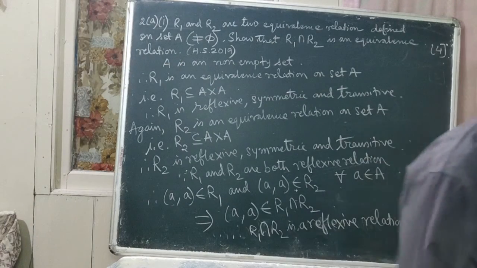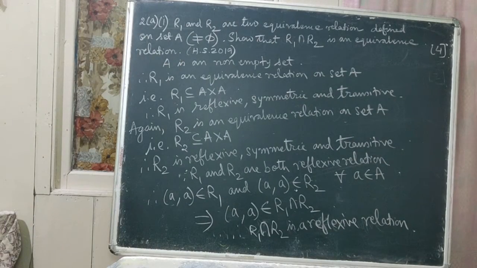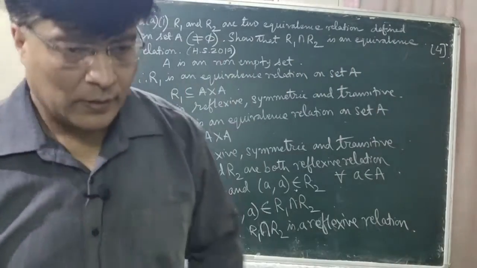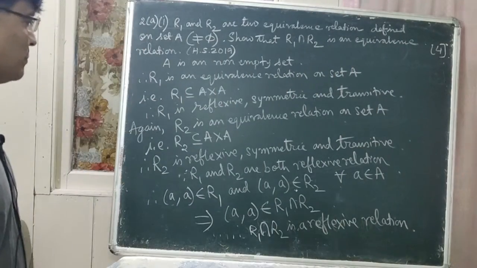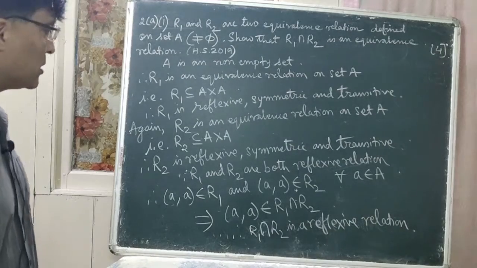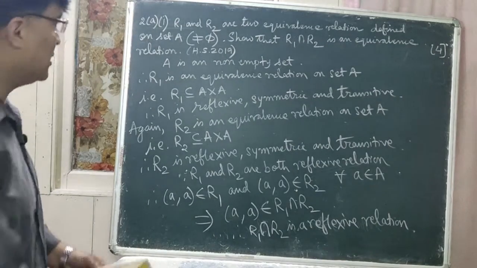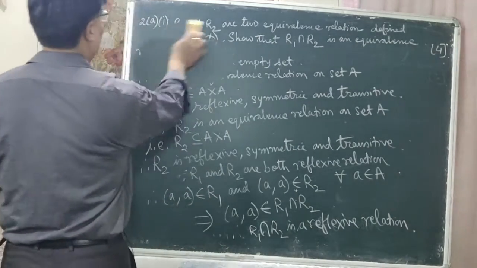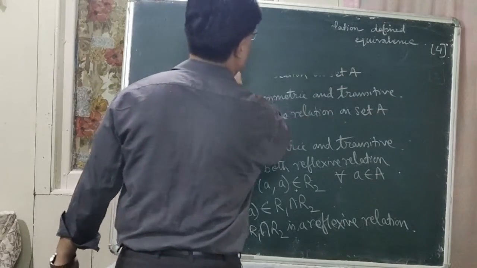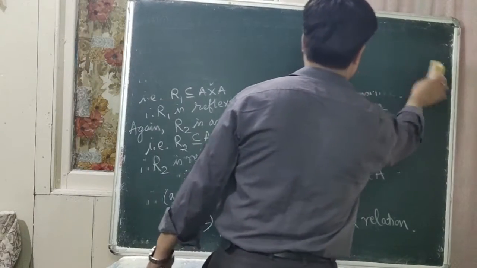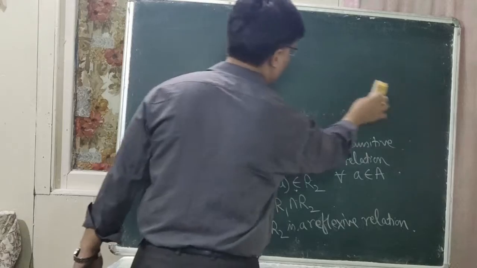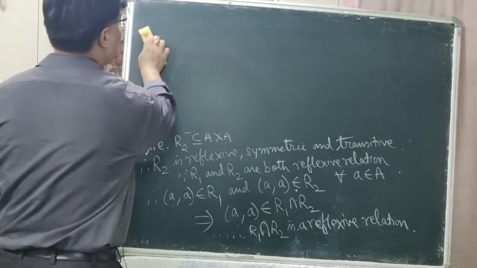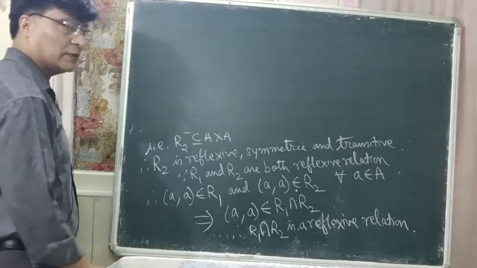Okay, you can copy it. So we have proved that R1 intersection R2 is a reflexive relation. Now we will prove that R1 intersection R2 is a symmetric relation. Okay?